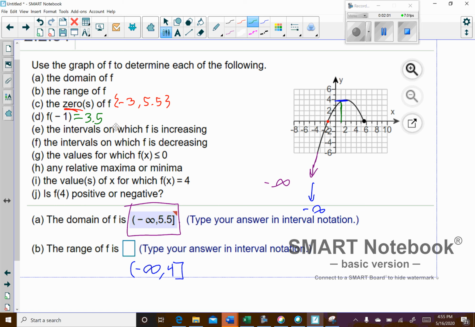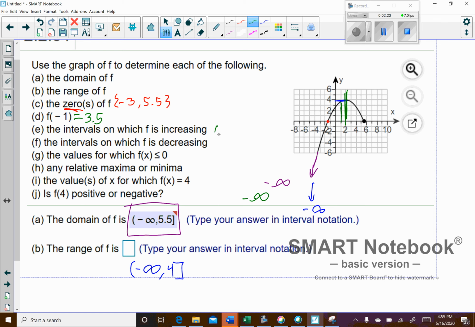Okay, the interval for which it's increasing. So you always want to read from left to right when we do this. And so your answer is the domain for where the y values increase from left to right. So it's increasing from indefinitely from negative infinity, and then it increases, and then stops right there. It looks like a 2.